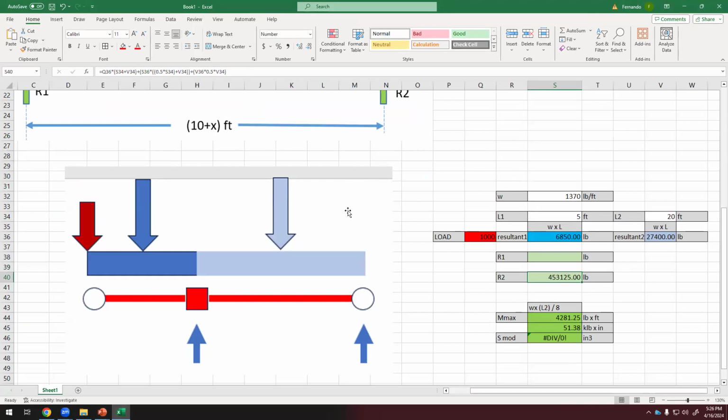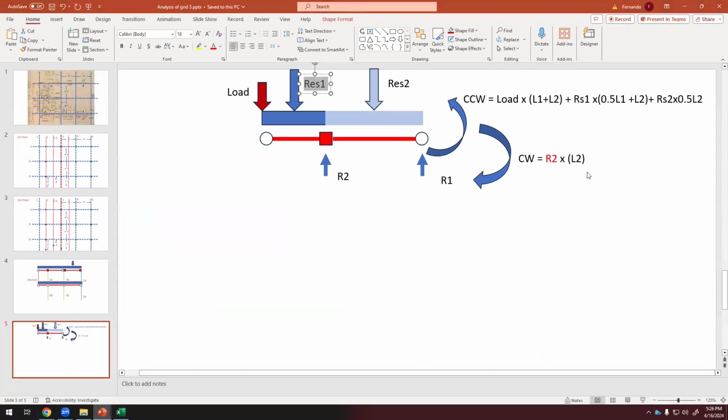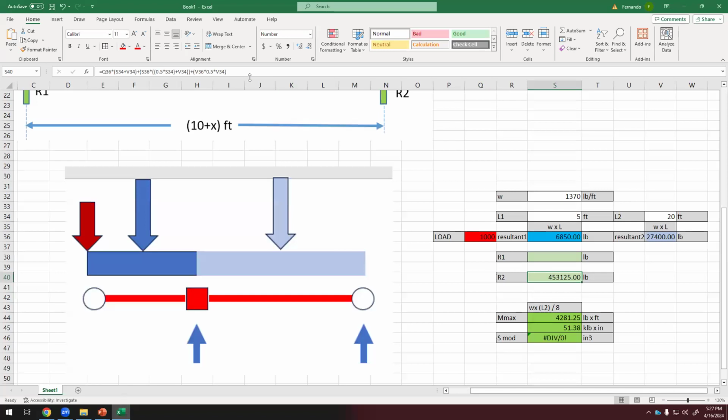No, because now we have to divide this by what? By L2. Okay, we are calculating R2, so we have to divide all this by L2. So let's do it. But we need a parenthesis here at the beginning and another parenthesis at the end. Then I have to divide by L2. And there you go.